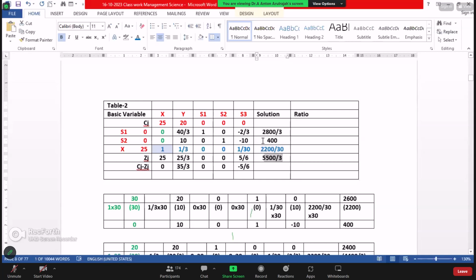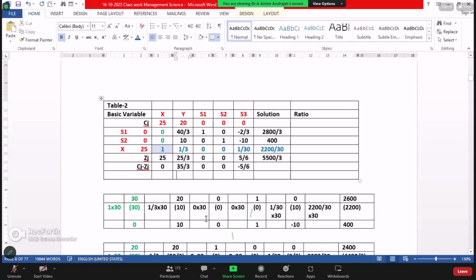Okay, all this information you can get from this table. You should be able to interpret it, explain it, and analyze it, because that is also one of the examination tasks. Sometimes tables are given and you have to interpret the solutions, the profit, losses, etc.